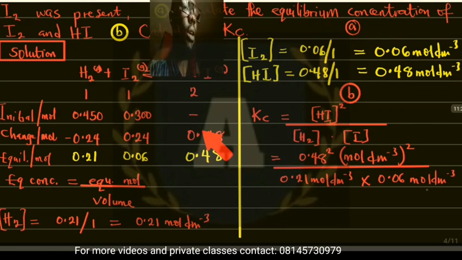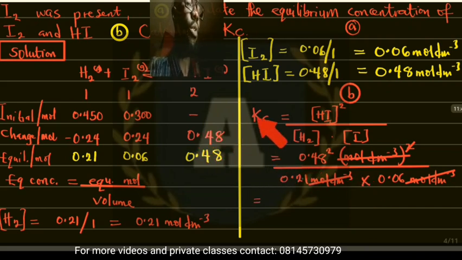Now let's first justify the units. We cancel out one of these, and this cancels out this, so our equation is going to be unitless. Therefore our answer is going to be unitless.